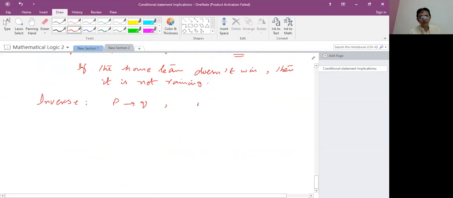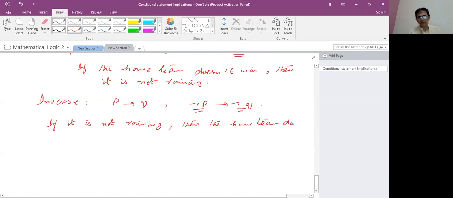When it is converted into negation P implies negation Q, first we write the negation of P. It means if it is not raining, then the home team doesn't win. This statement is called the inverse statement.